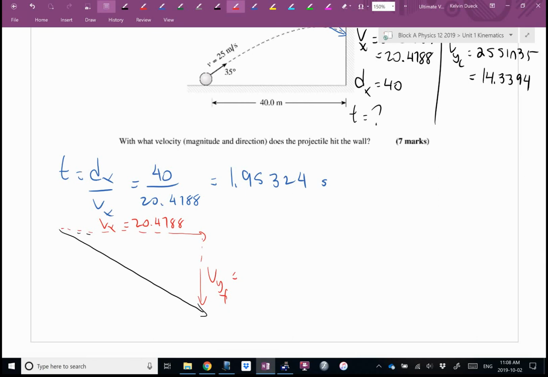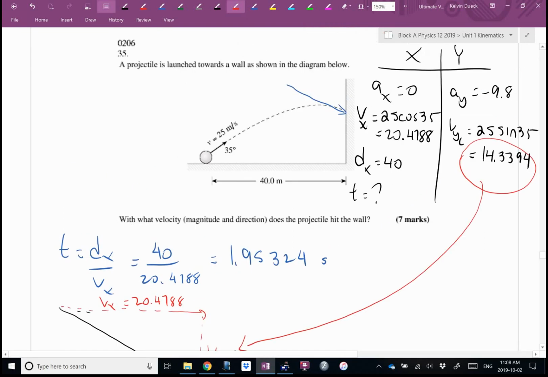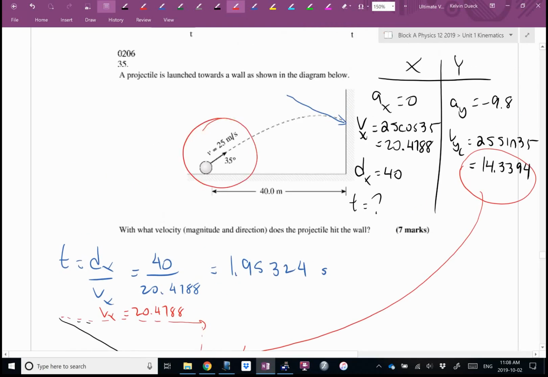The most common mistake when kids saw this question is they would say, I need a Vy. They would put this number right there. Don't write that down, what I just did. And you know what would happen when they did the trig? They would get 25 meters per second at an angle of 35 degrees below the horizontal because they had just recombined the two original components that they'd got from the 25 and the 35.